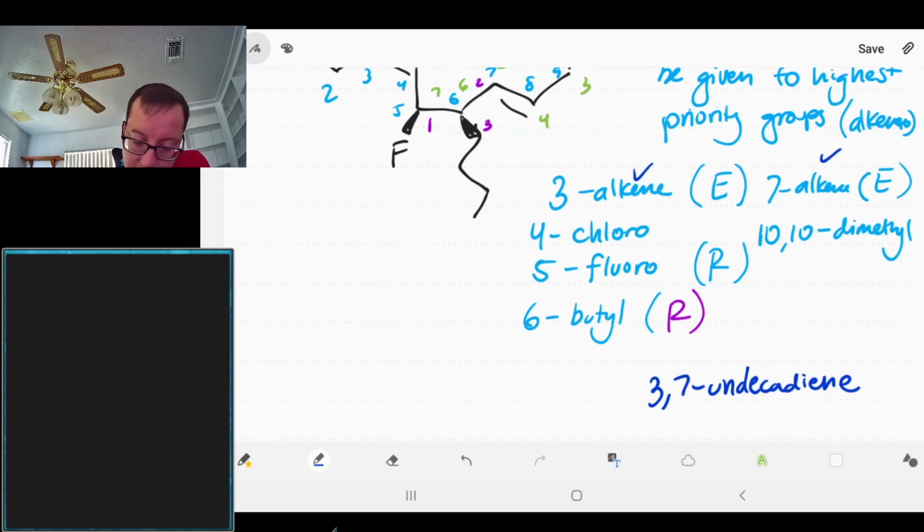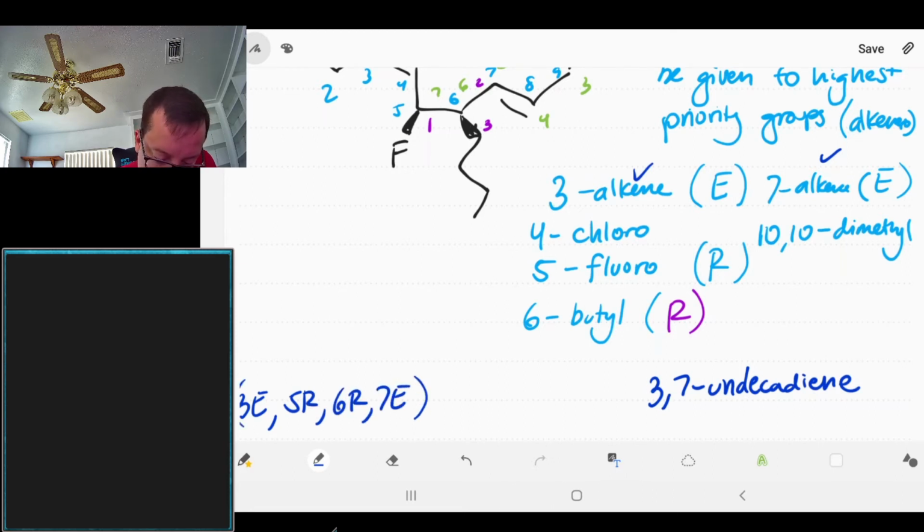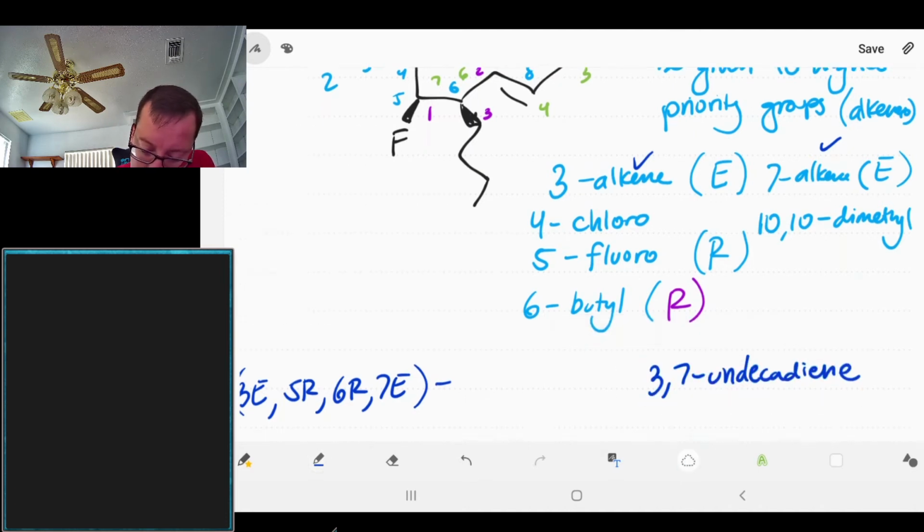Let's put our stuff in alphabetically. So butyl group is first. Oh, I'm sorry, we have to do all our stereochemistry, don't we? So 3E, 5R, 6R, 7E. We are going to run out of room. I'm going to move our parent name out of the way for right now.